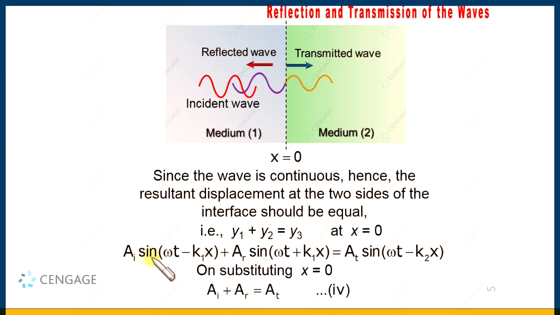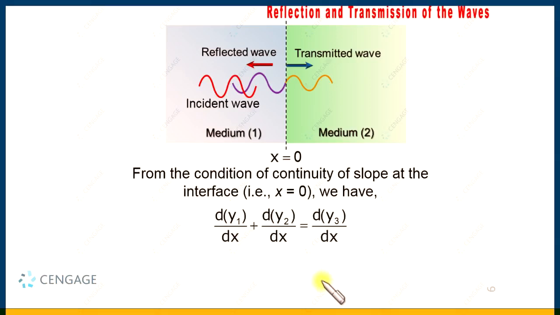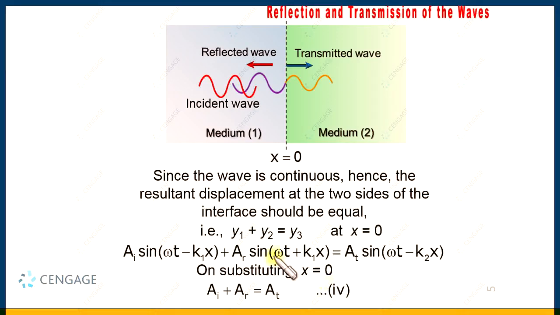If we differentiate partially with respect to x, we get AI cos of omega t minus k1x, multiplied by the differentiation of the argument with respect to x, that is minus k1. So this is the differentiation of y1. Similarly, let us differentiate the next term with respect to x. This will be equal to AR cos of omega t plus k1x, and the differentiation of the argument with respect to x gives the value of k1.